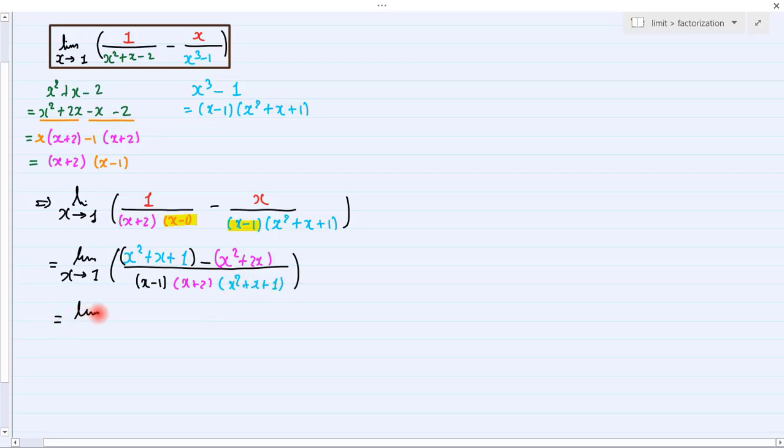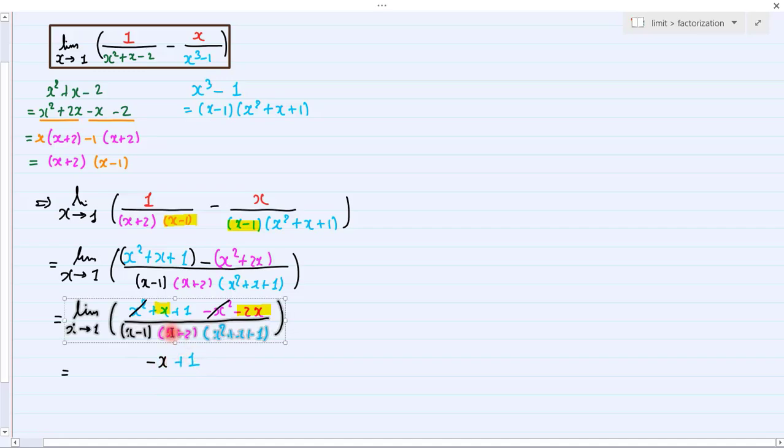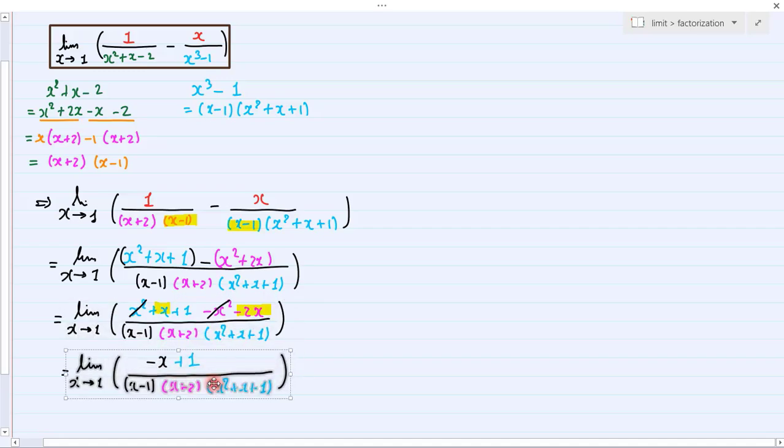In further simplification, limit x tends to 1, the numerator will be x square plus x plus 1 minus x square minus 2x, whole divided by the denominator as it is. Now, your x square will cancel out, x minus 2x will become minus x, plus 1 will be as it is, and the rest of the things will be as it is.